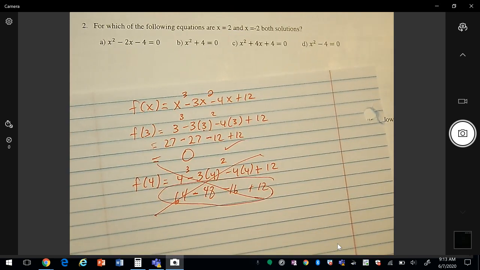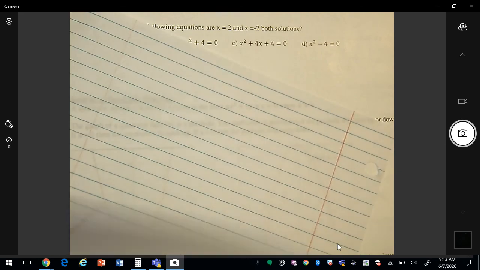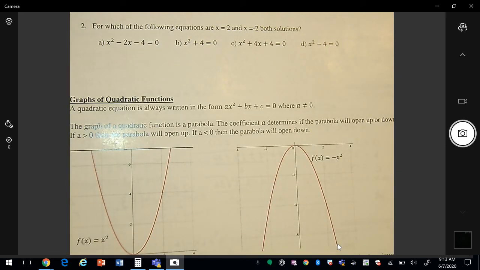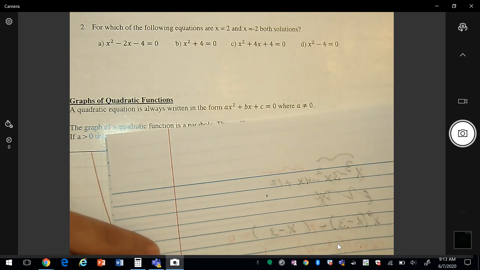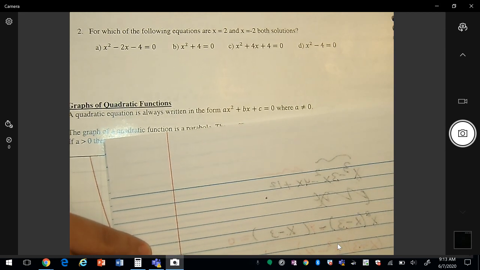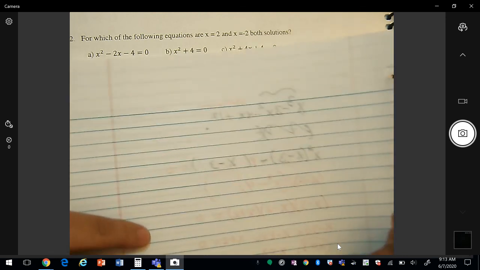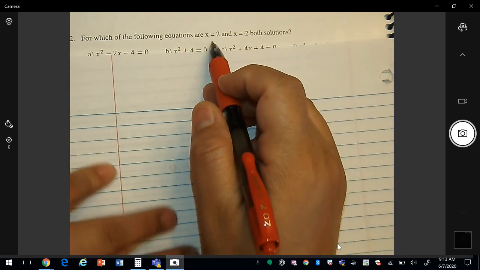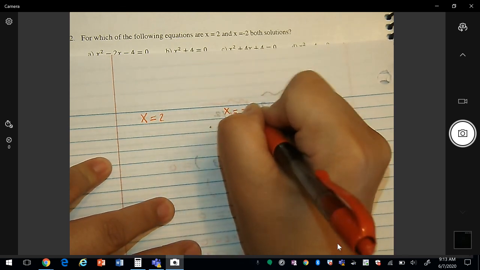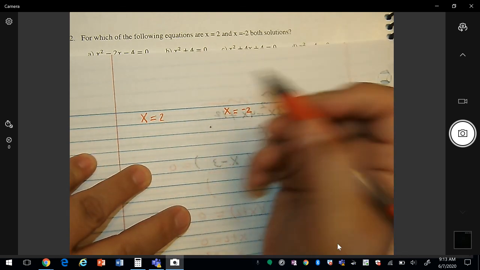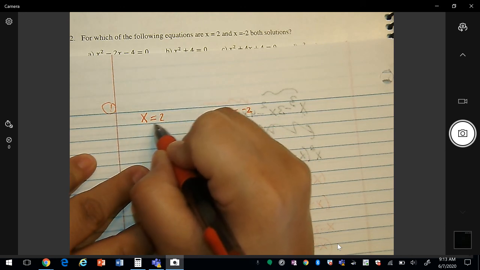For which of the following equations are x equals 2 and negative 2 both solutions? For this one, factoring is usually the best way to go. They're telling me that the equation is equal to 0, so there are 2 ways you can do this as well. First way is you can rewrite this.